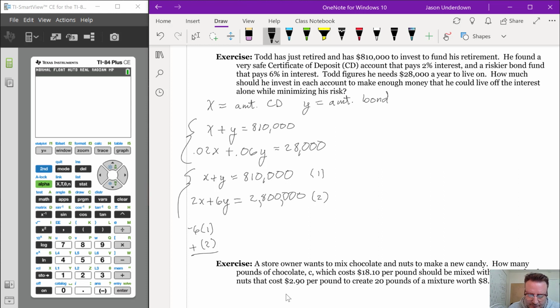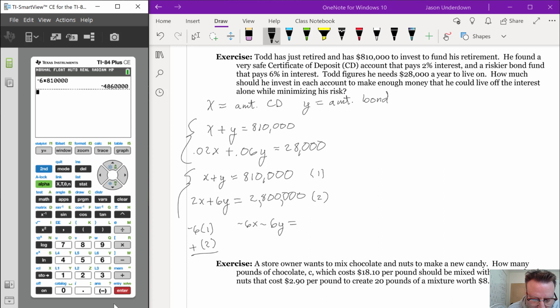Okay. And what am I going to get? I'm going to get negative 6x minus 6y equals, and then negative 6 times 810,000. I'll do that on the calculator. Negative 6 times 810,000.